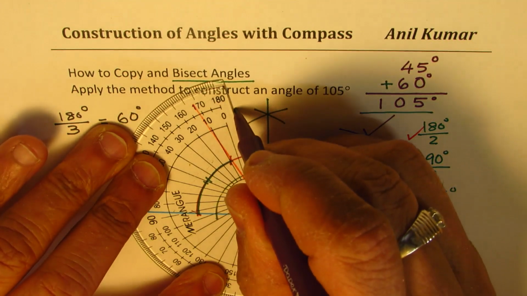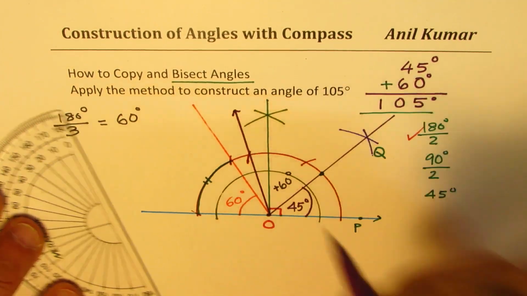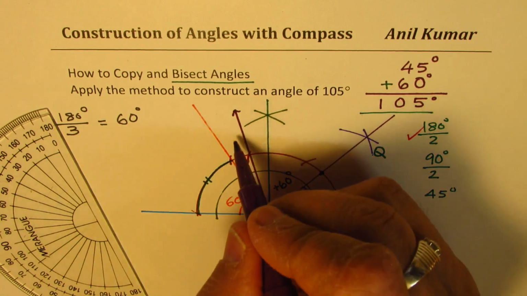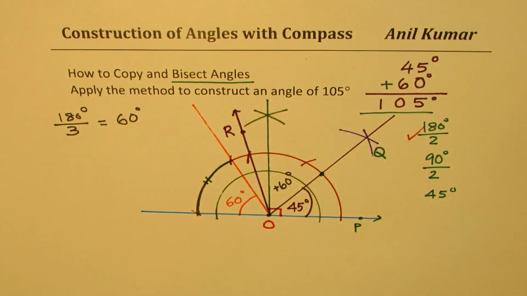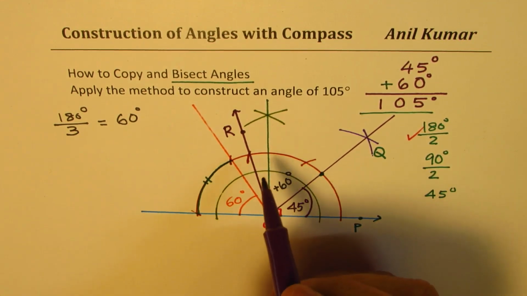So we have this point and a point here. Let me call this as R now. So you will notice that what we have now is a total angle.